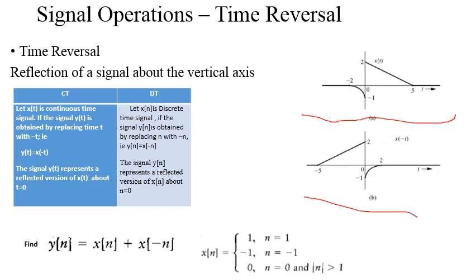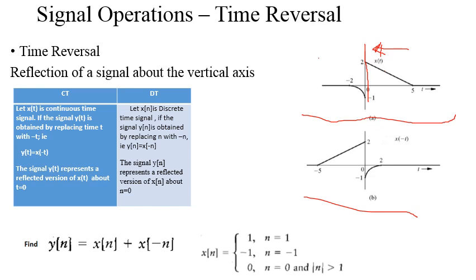So how do we obtain the time reversal version of the original signal? If we put a mirror here, and if we look from this side, we will find the reflection of this signal on this side, on the negative side.